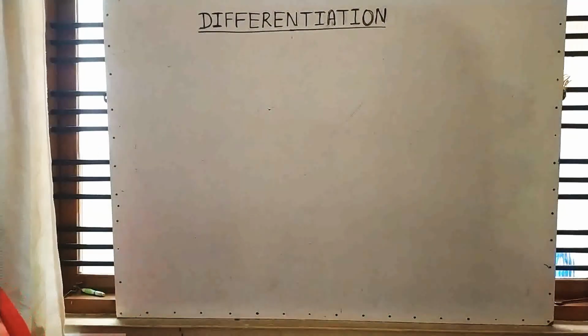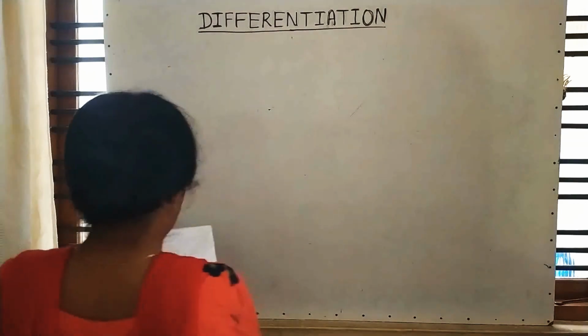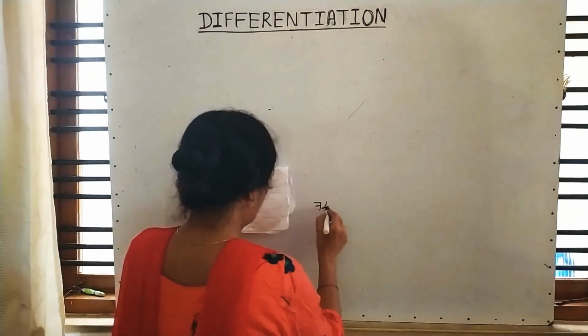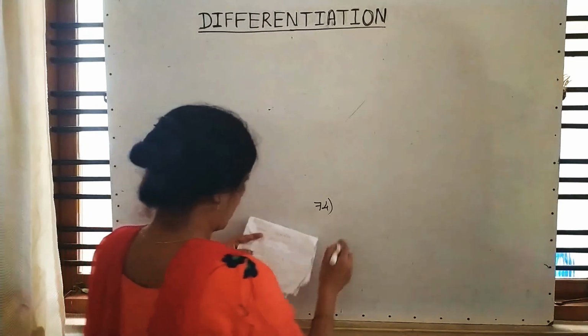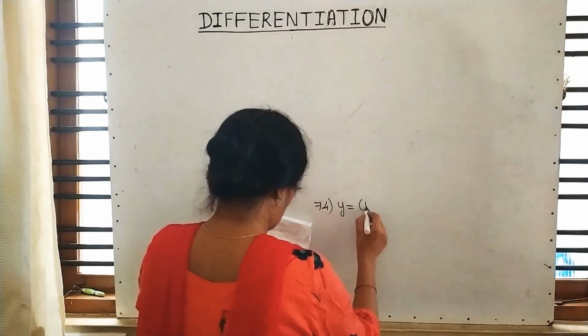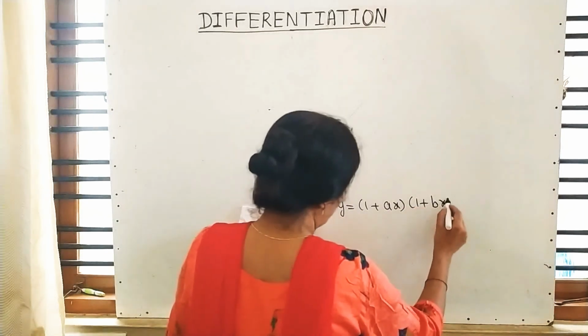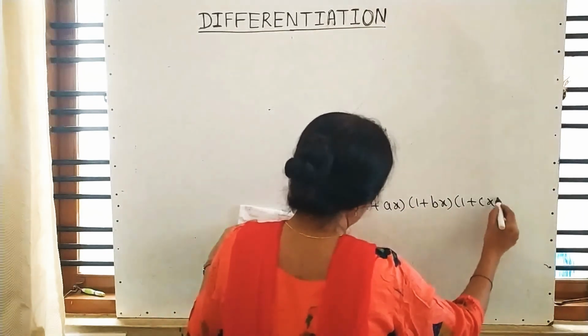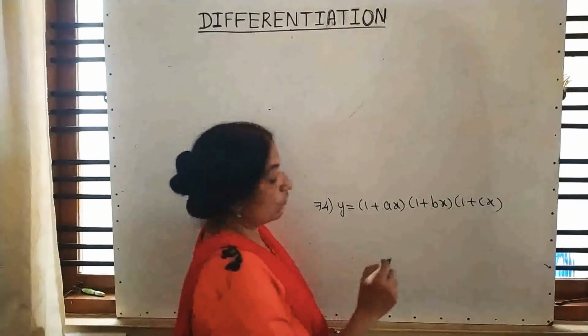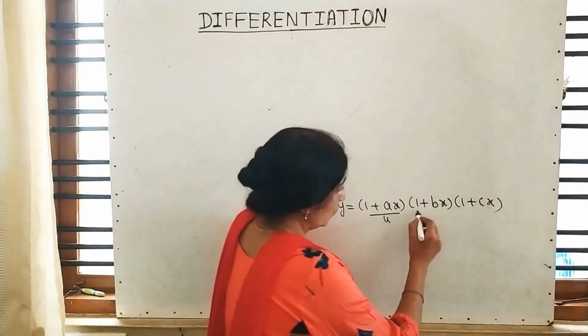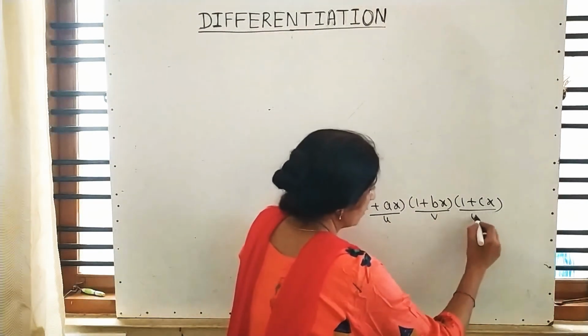Next, question number 74. Y is equal to 1 plus ax, 1 plus bx, 1 plus cx. So again which formula? This is u, this is v, this is w.